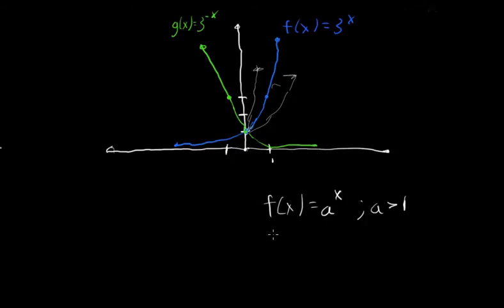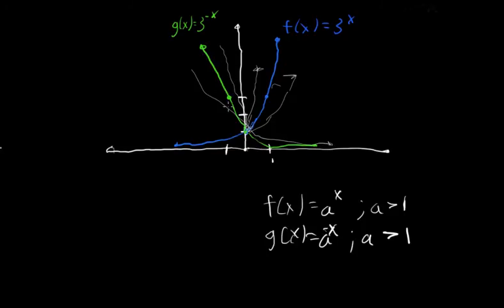And any exponential decay curve of the form g of x equals a to the negative x for a greater than 1 will look basically kind of like this.